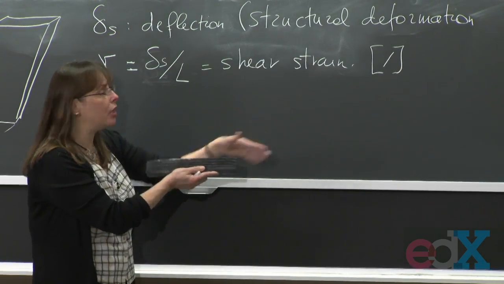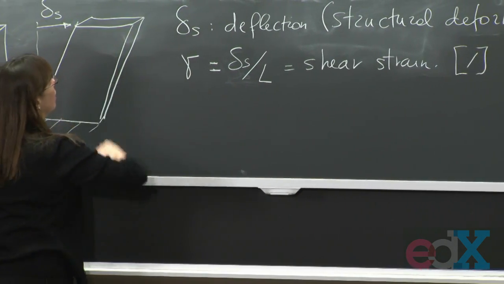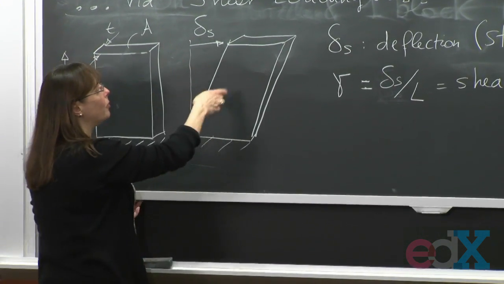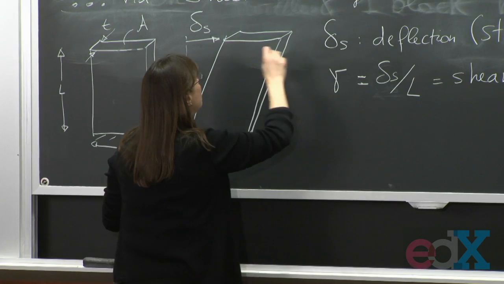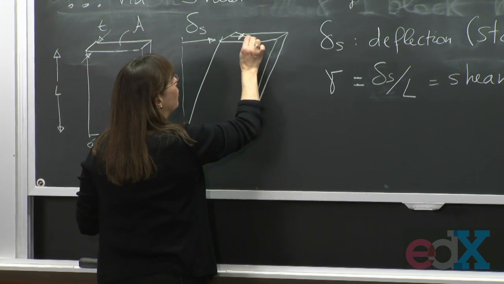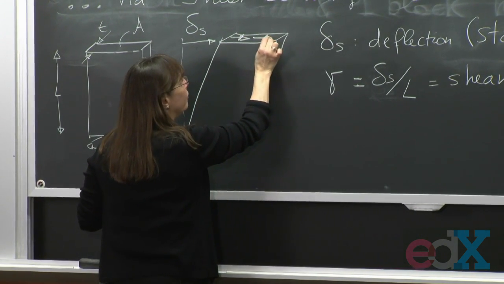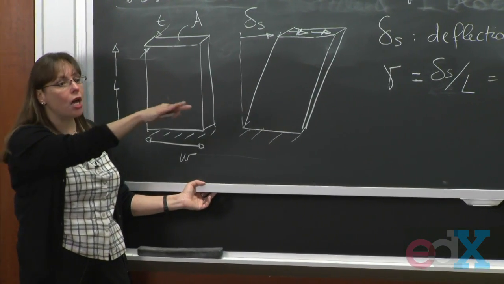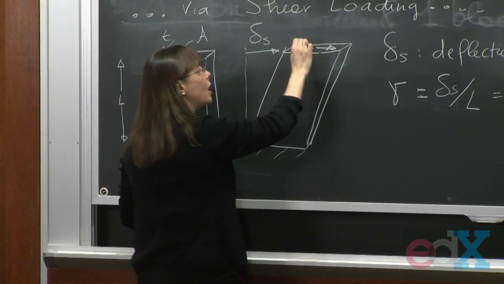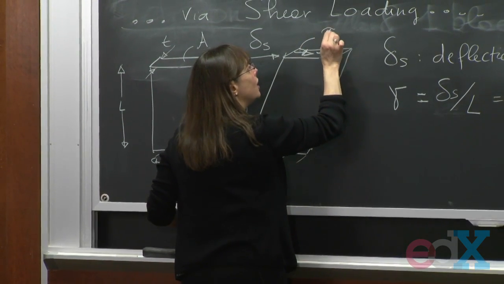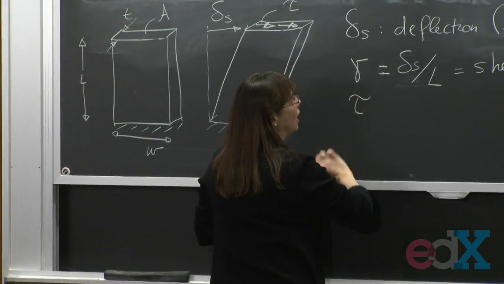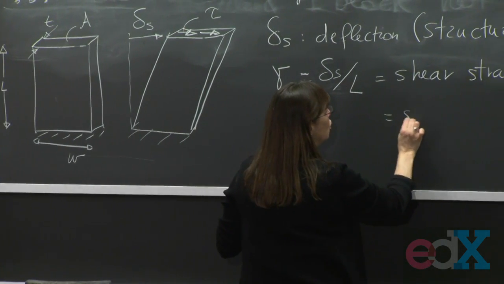I need to apply a force to make it go that way. And it cannot be just a force going up, because otherwise it's going to go up. It's going to be something going that way. So what is going that way is also a stress, but it goes along the surface. So the stress that goes along the surface, we give it the symbol tau, another Greek letter, tau. And tau is the shear stress.